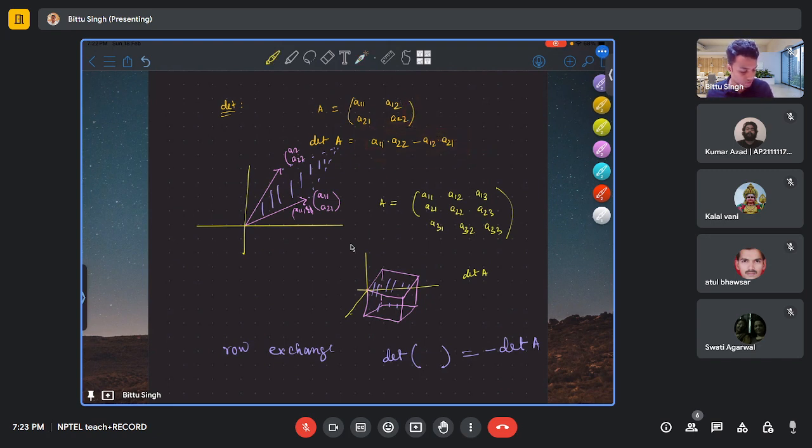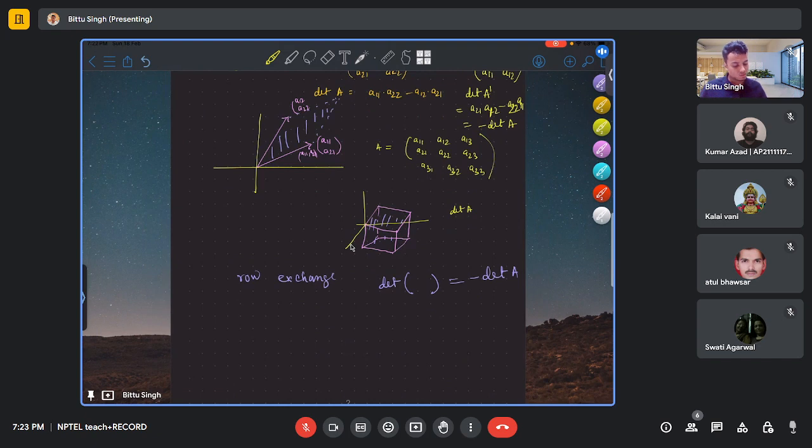Let us check this. Consider A dash, which is rows A21, A22 and A11, A12. Then the determinant of A dash is A21 A12 minus A22 A11, which is the same as minus the determinant of A. And this is true for any n by n matrix.